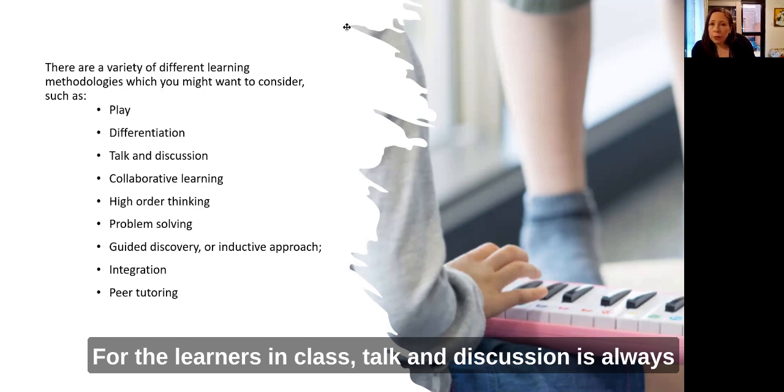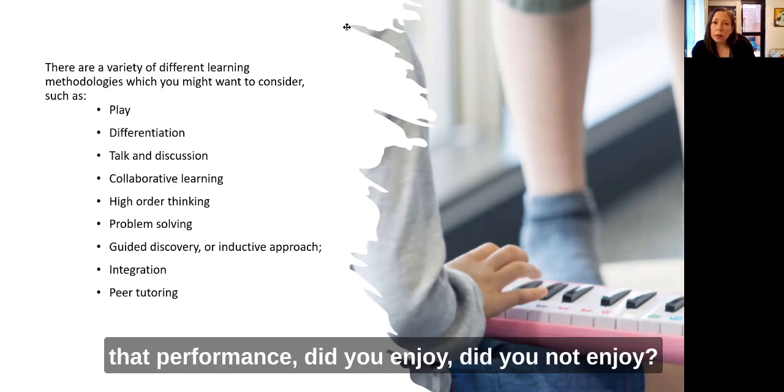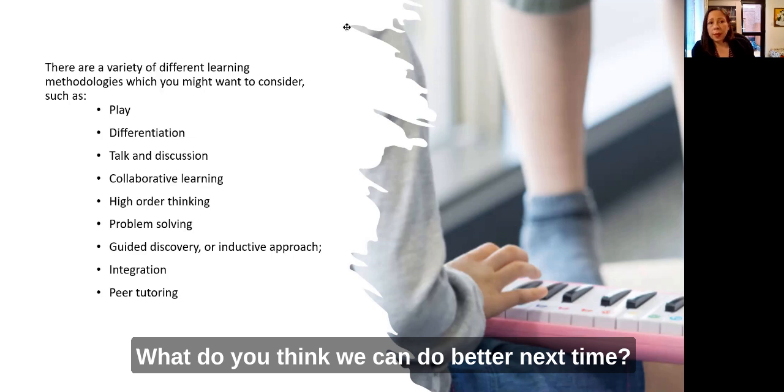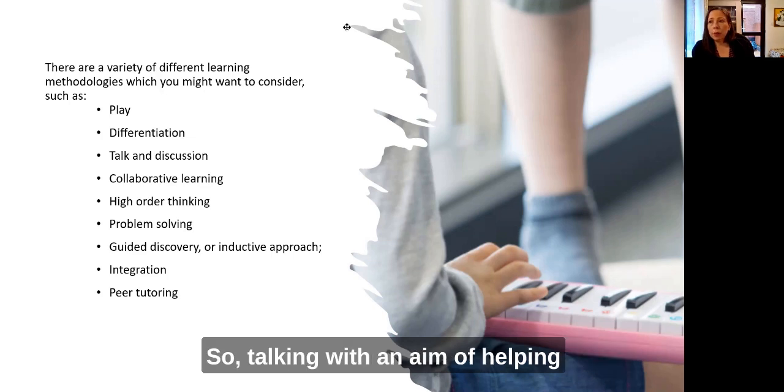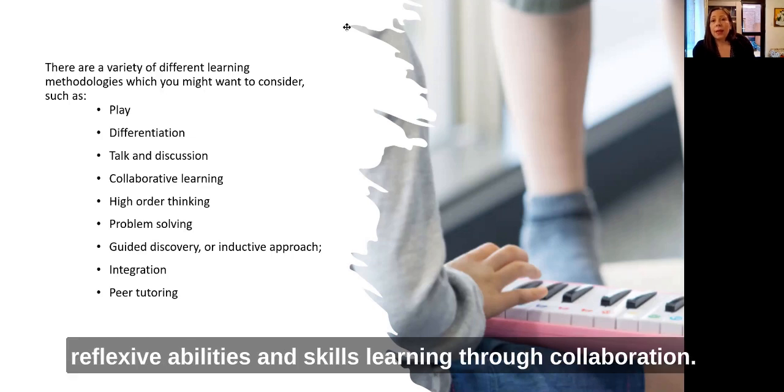Talk and discussion is always very helpful, and we can always talk about how was that performance? Did you enjoy? Did you not enjoy? What do you think we can do better next time? So talking with an aim of helping students also to develop reflective and even reflexive abilities and skills.